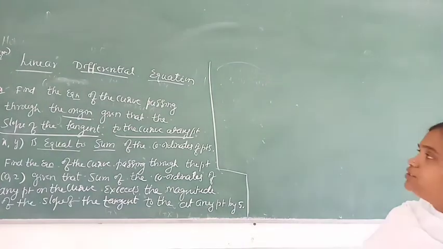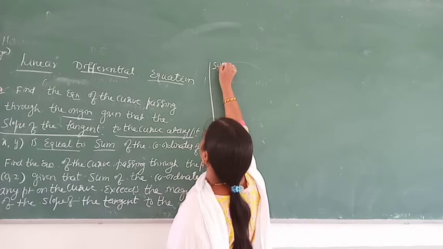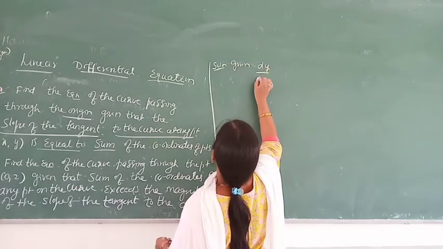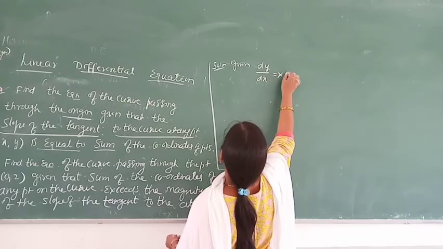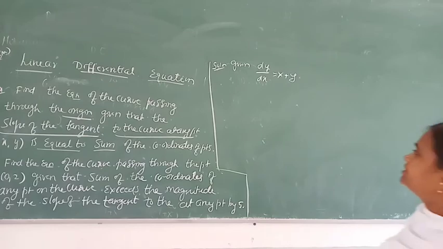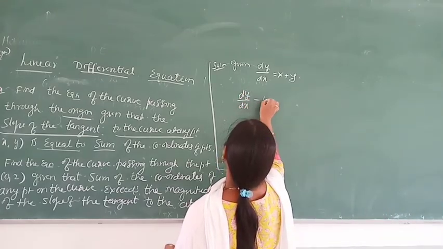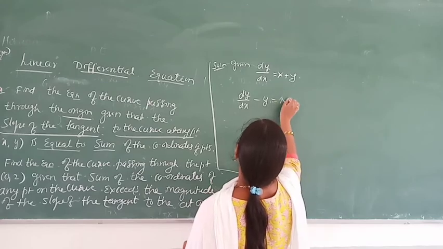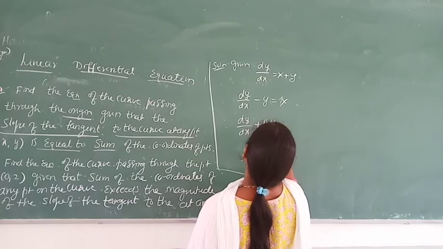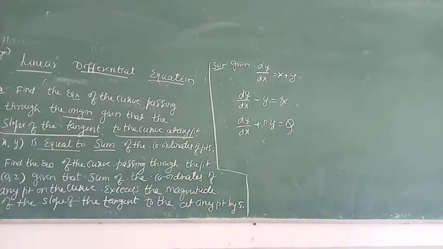We can do this example like this. The given is dy by dx equals x plus y. We can write dy by dx minus y equal to x. We have to compare with dy by dx plus py equal to q, and we know that p and q are functions of x or constants.